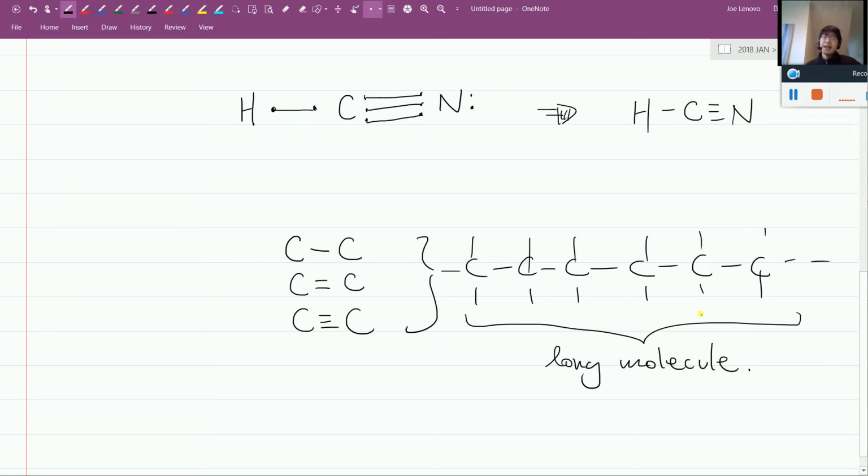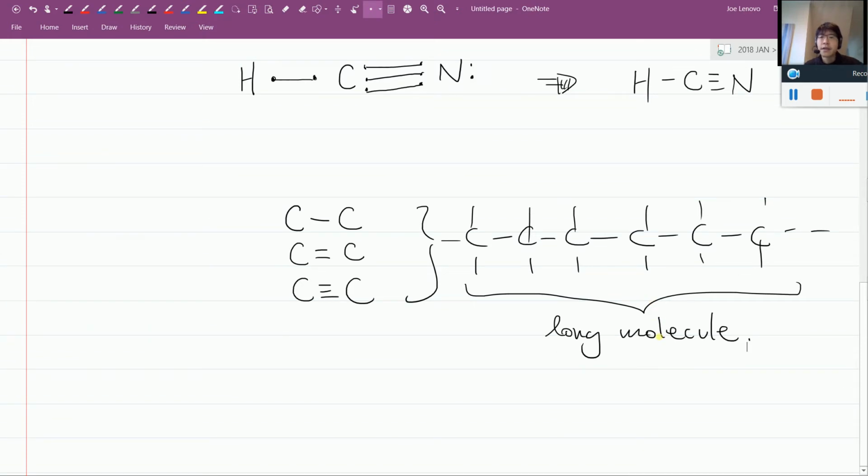In theory, carbon can form unlimited, like infinity, chains. They keep going on and on if you allow the situation to keep going.